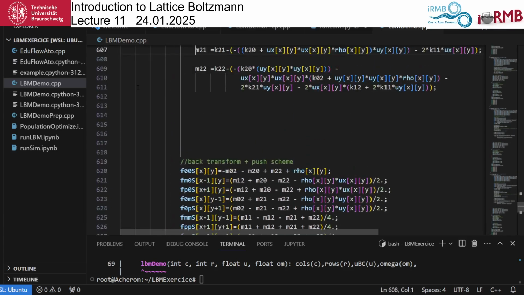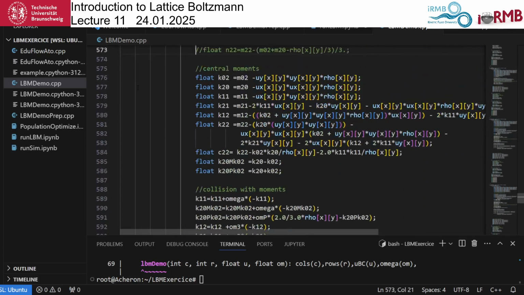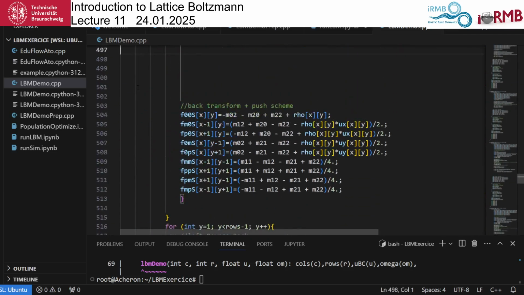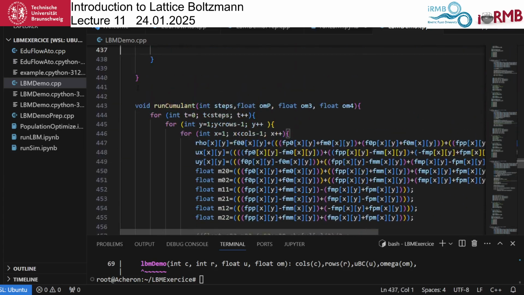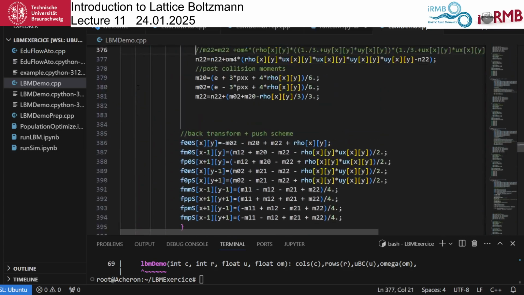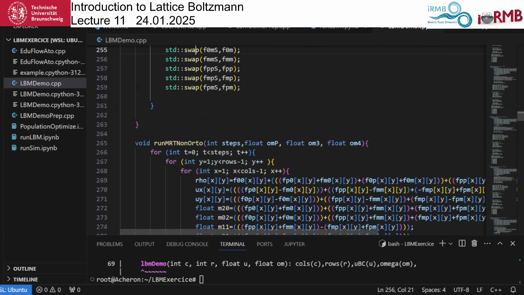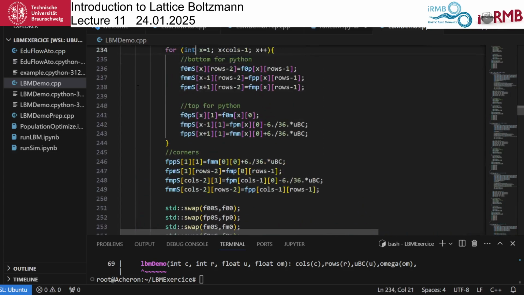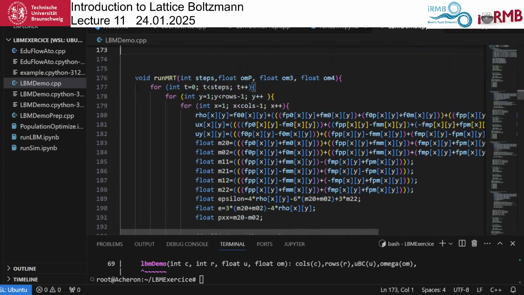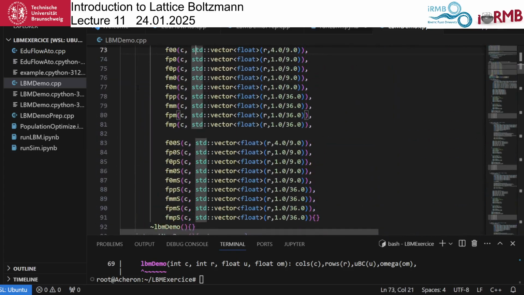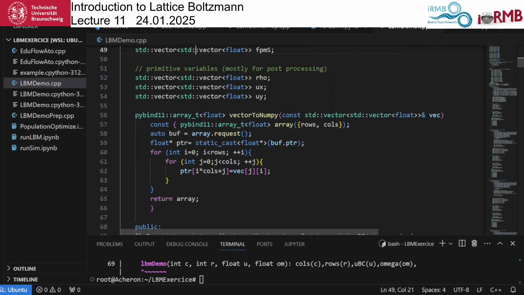Okay, so we need to do a chimera transform, and because this is something that we will use repeatedly, I will put this into the common local functions, which usually are on the top.